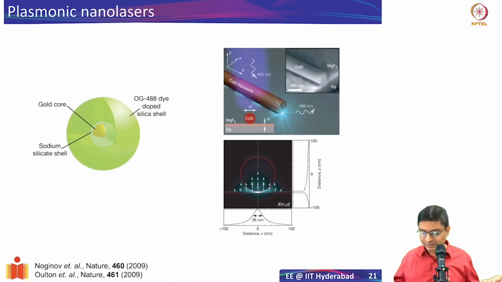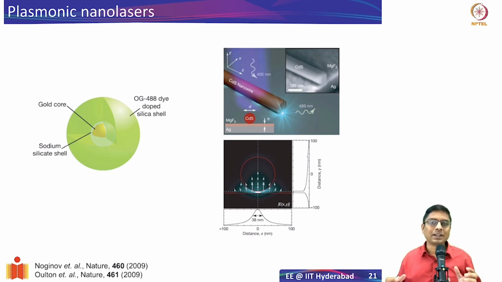This is just to give you a flavor of what this was. The plasmonic nano lasers. As I said, there was one group led by Professor Noginov in Norfolk and Professor Shalaev at Purdue and a few others, wherein they took a gold nanoparticle and coated it with a silica shell, and the silica shell was embedded with a dye.